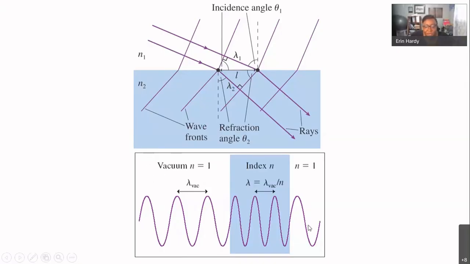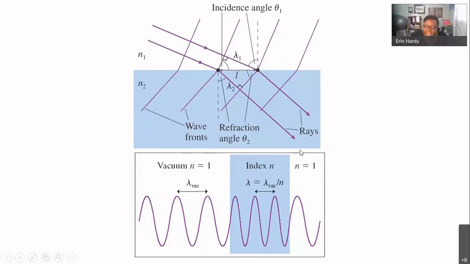Here we had just a single light ray, or a wave in this case, that was going from one material to another. So you have an index of 1 to something bigger than 1, and then back to 1. And we saw that the wavelength had to change in order to accommodate that. So if you're going from a low index material to a higher index material, we know that the angle is going to go from large to small, and the wavelength is actually also going to go from large to small.